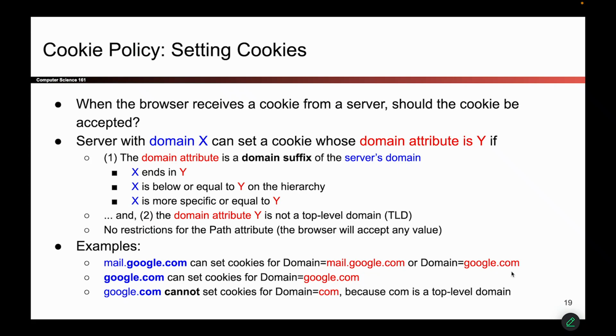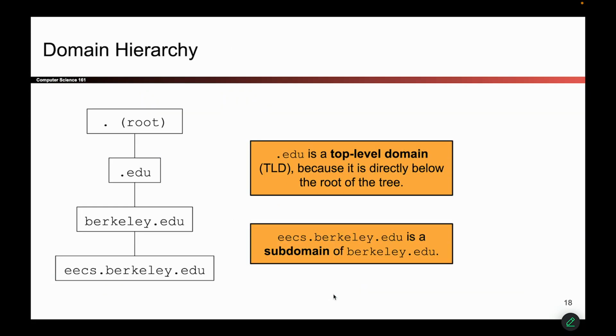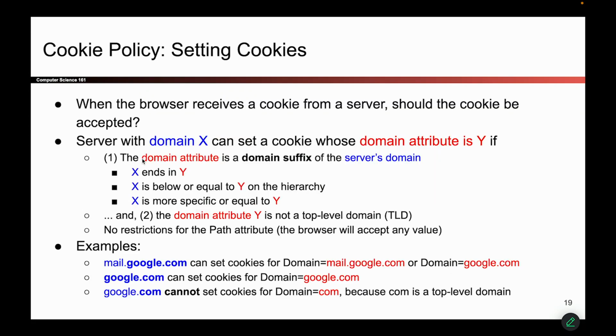But it doesn't make sense for Google to set domains for a cookie that is sent to all com websites. It's too broad. So we added this little hack, rule number 2, that says if this is a top-level domain, we just reject it. And again, the top-level domain is one that's right under the very top of this hierarchy. So .com, .edu, .org, all of those are top-level domains. They're not allowed.